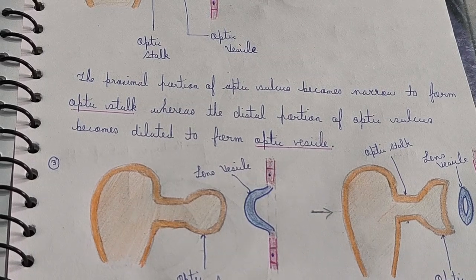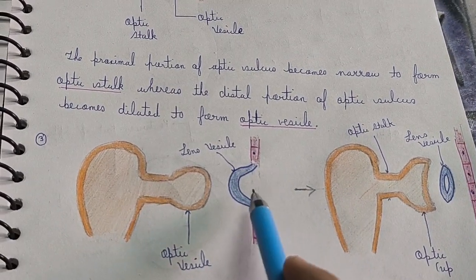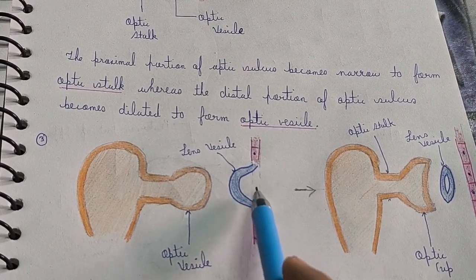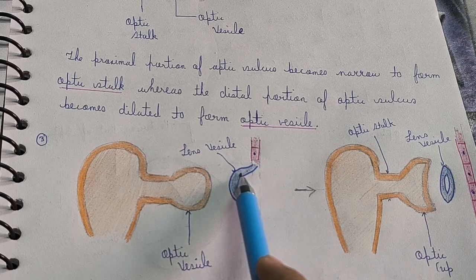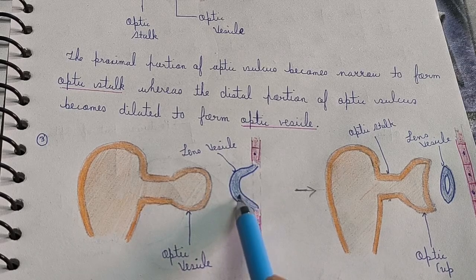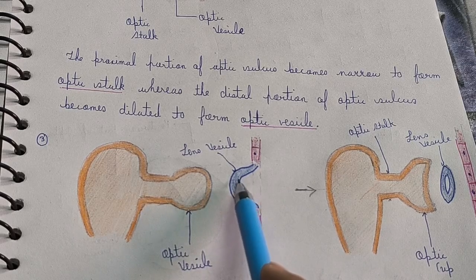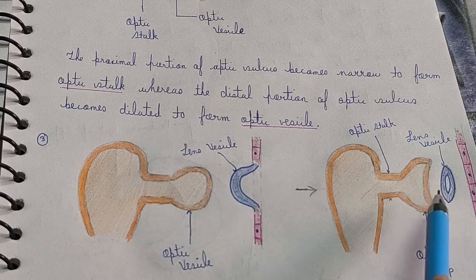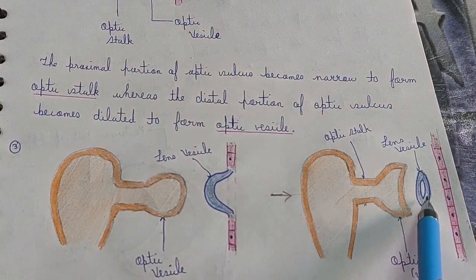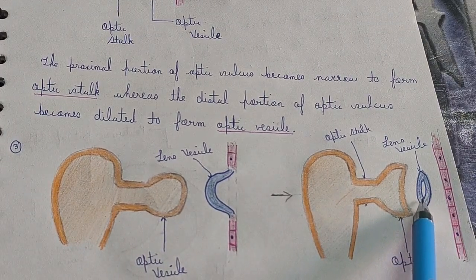Now again, this is the layer of the surface ectoderm. The lens placode sinks below the layer of the surface ectoderm to form the lens vesicle. And finally the lens vesicle gets separated from the surface ectoderm.